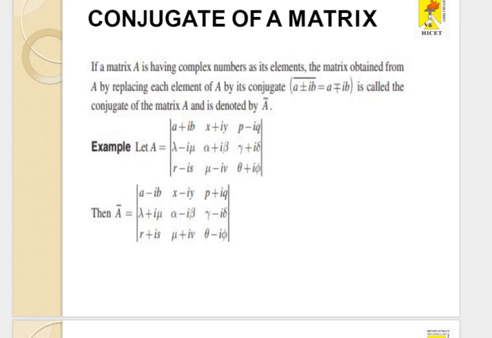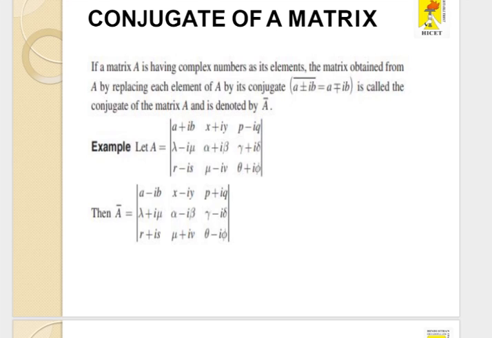For example, let A equal to a plus ib, x plus iy, p minus iq, lambda minus i mu, alpha plus i beta, gamma plus i delta, r minus is, mu minus iv, theta plus iy. All these elements are complex numbers.